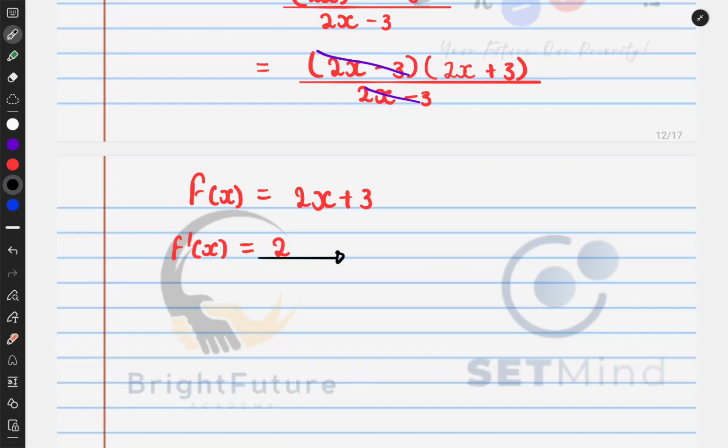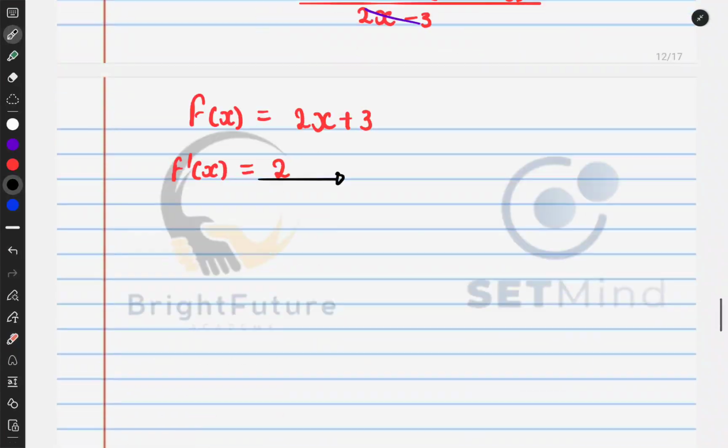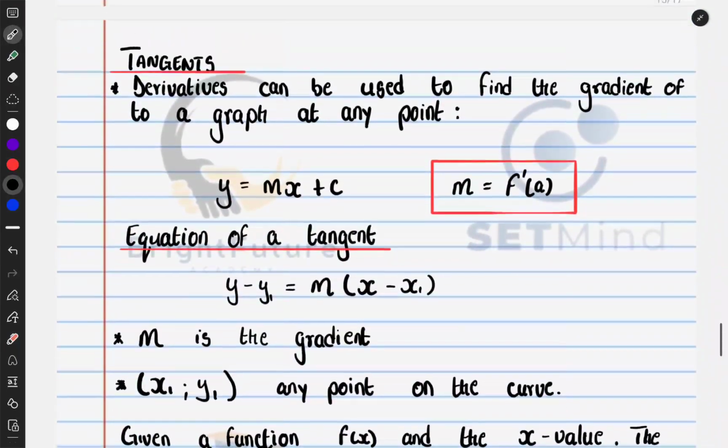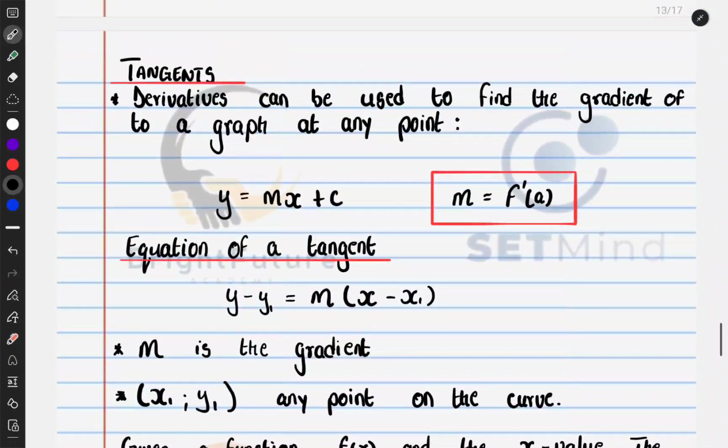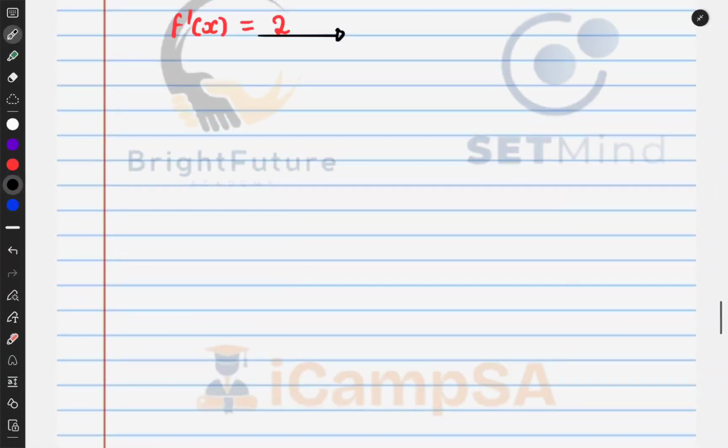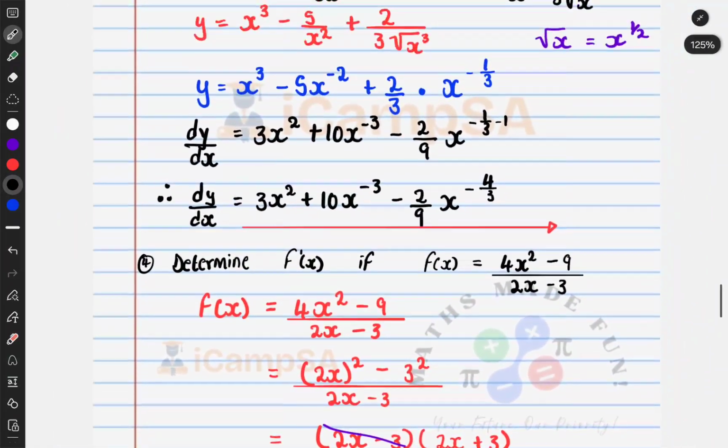So the derivative of this function is 2. That is what we have in terms of differentiation.